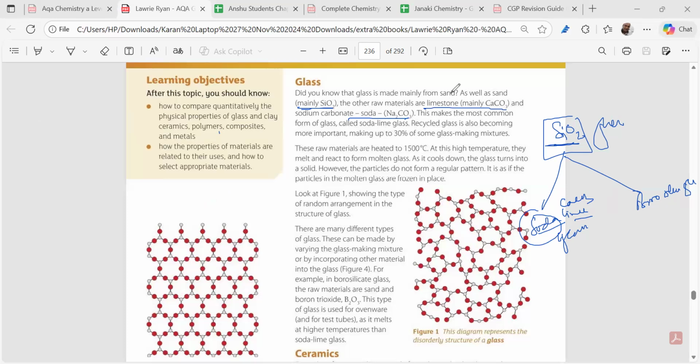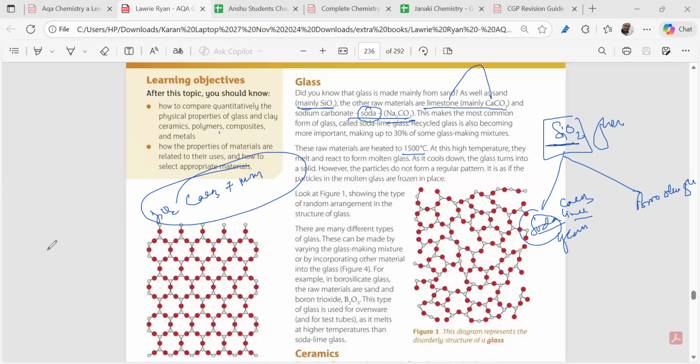Limestone is the nickname of calcium carbonate. Soda is Na2CO3. We take SiO2, calcium carbonate, and Na2CO3, and we heat it at 1500 degrees centigrade. They react with each other.